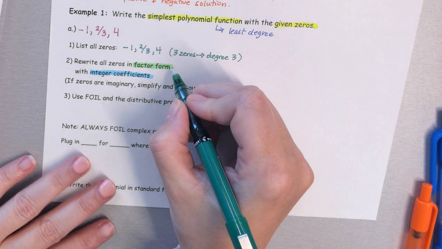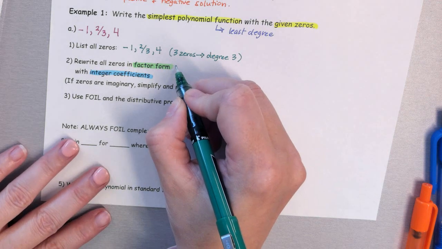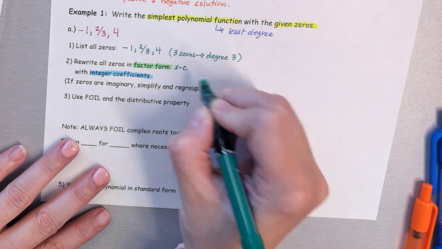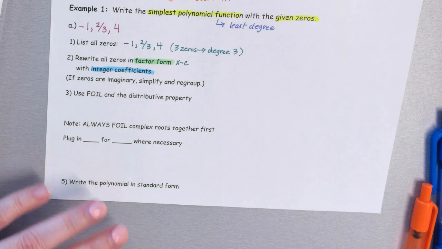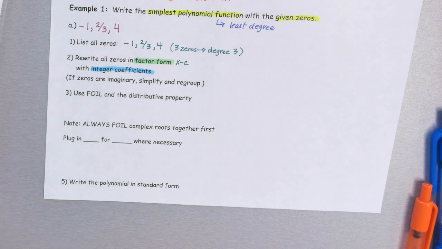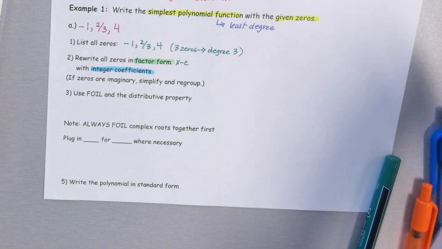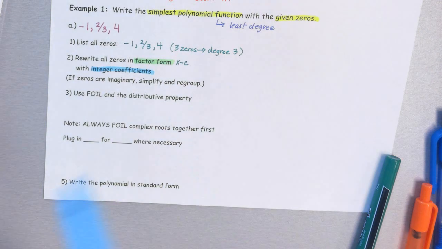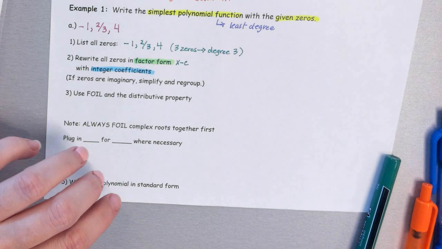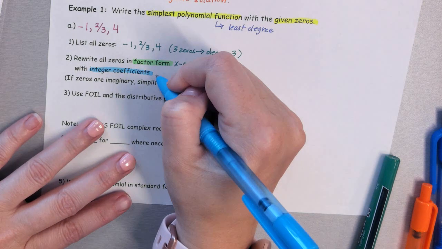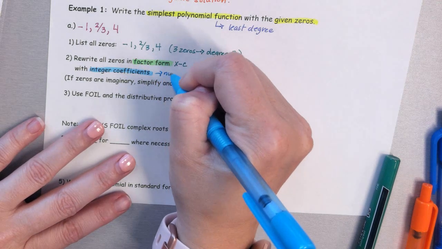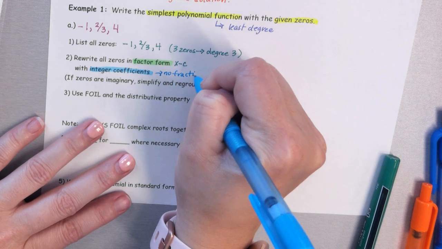Real numbers that can be positive or negative. Yeah, they're positive and negative, and they have to be whole numbers. So that means they can't be what? Can't be fractions, which is going to make us a little sad in a minute, unfortunately. But I'm going to show you how to fix it.